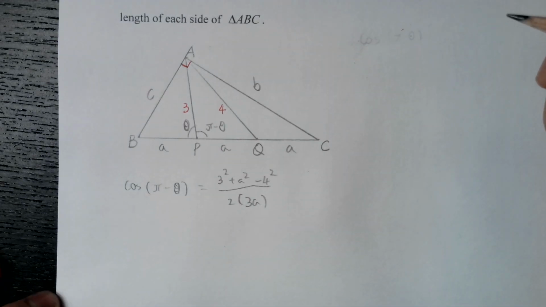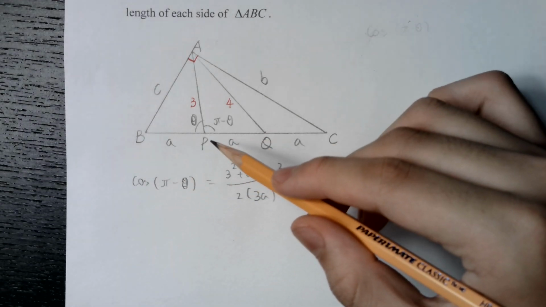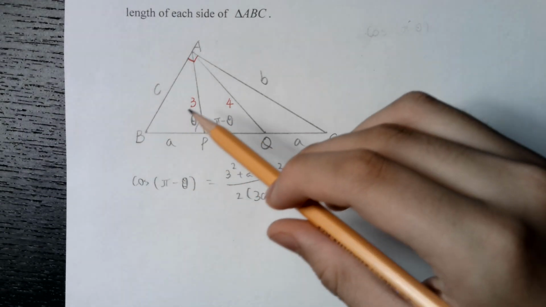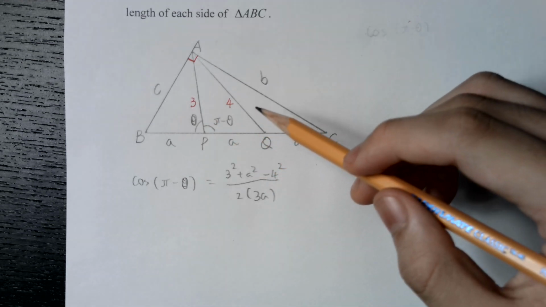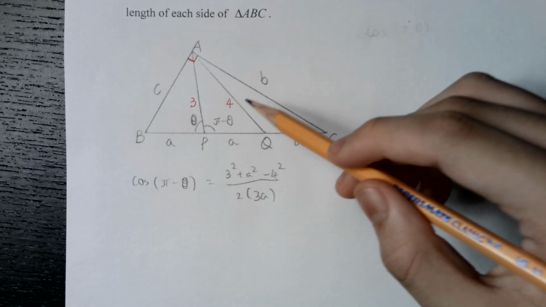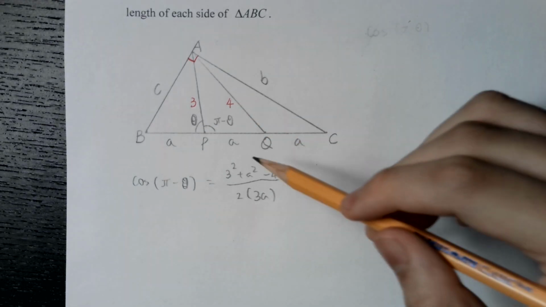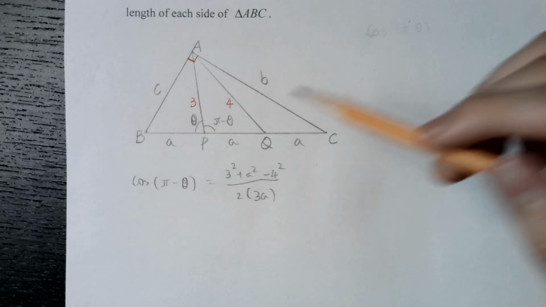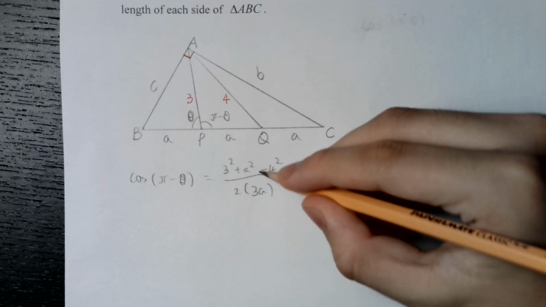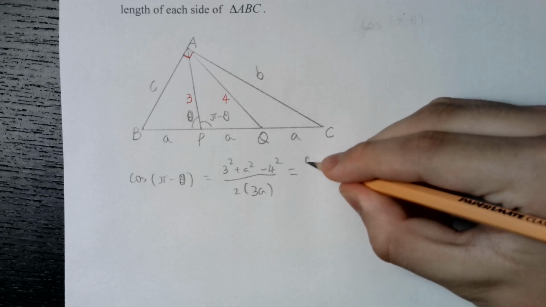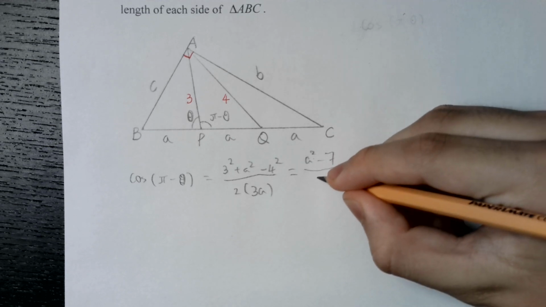If you don't know how cosine law works, cosine for whatever angle is equal to the sum of the squares of the adjacent sides, so 3 squared plus a squared, minus the square of its opposite side, so 4 squared, divided by 2 times the two adjacent side lengths multiplied together. We can further simplify this into just a squared minus 7 divided by 6a.